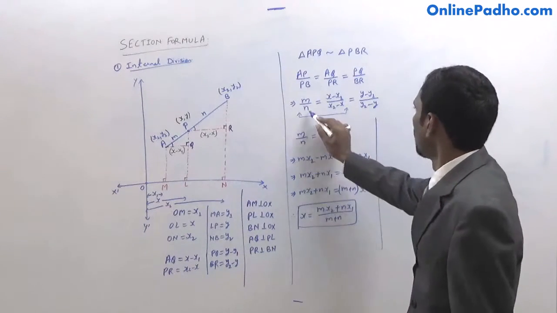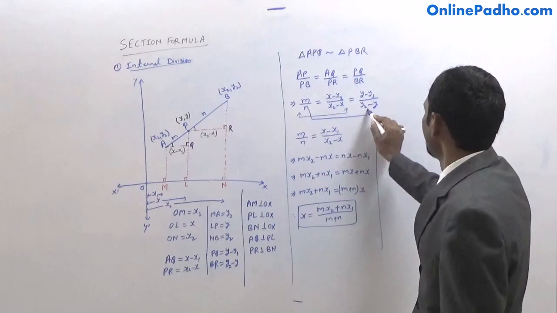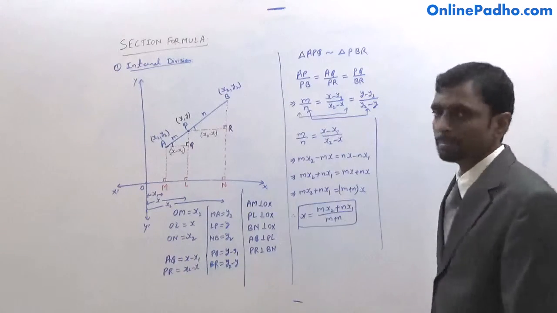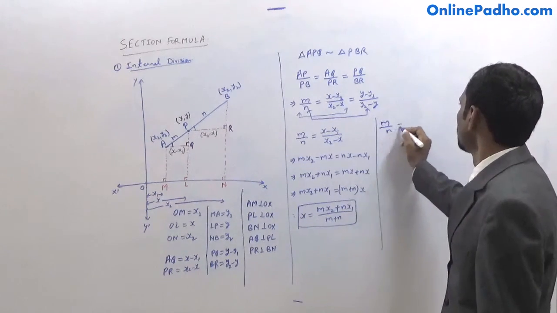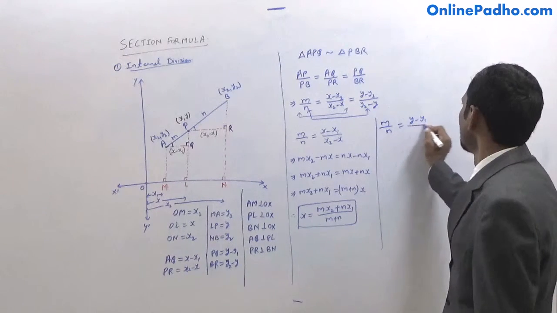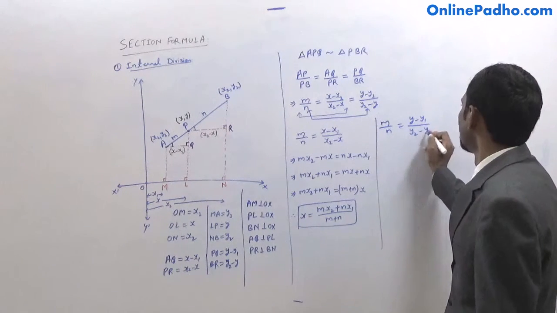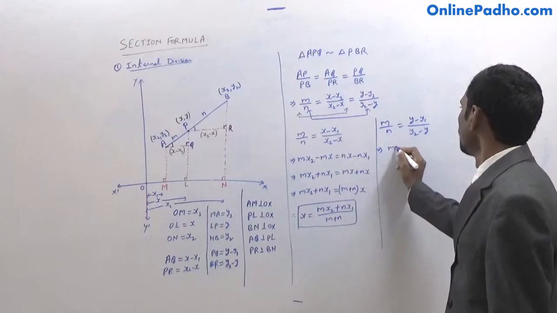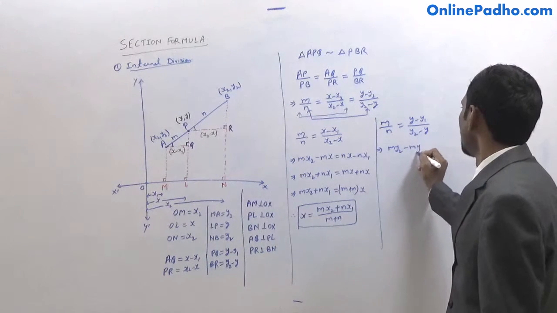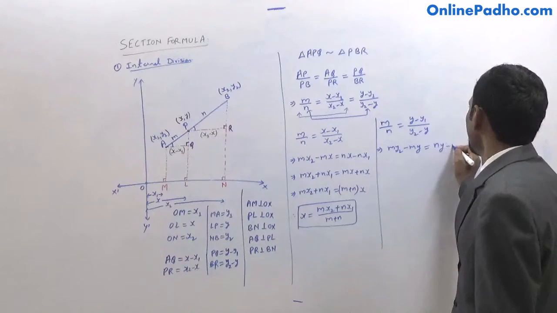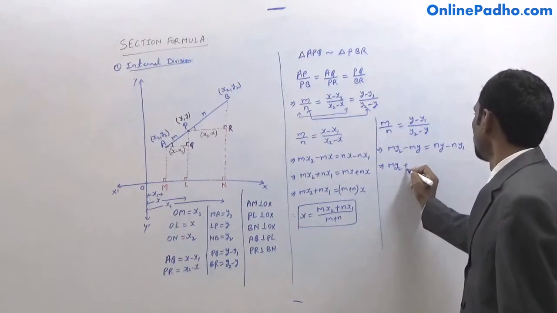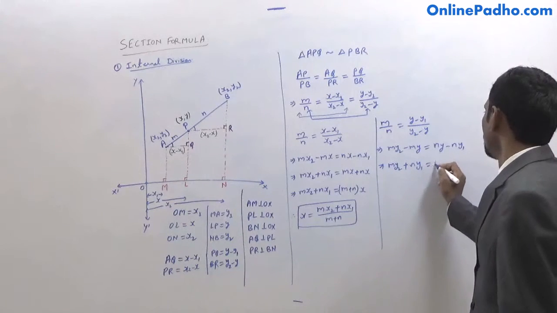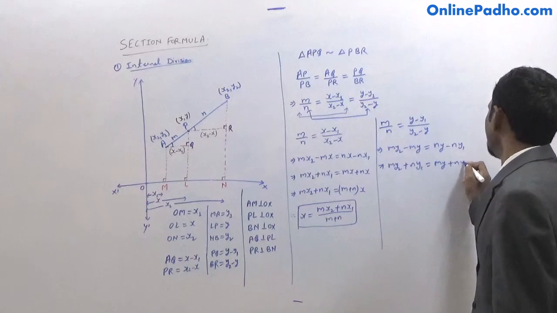Similarly, if you equate M by N with the y ratio, you will get the value of y. M by N is equal to y minus y1 divided by y2 minus y. This gives My2 minus My equal to Ny minus Ny1. Simplifying, My2 plus Ny1 is equal to My plus Ny.